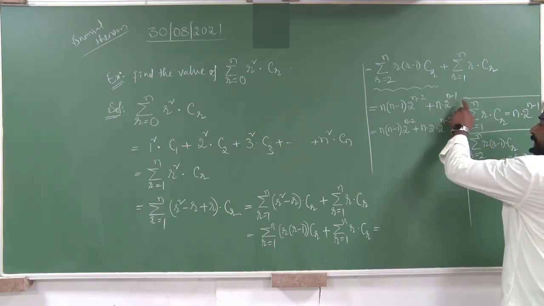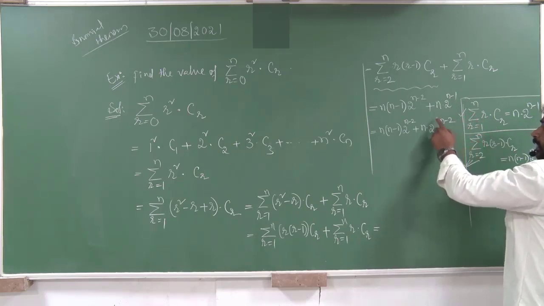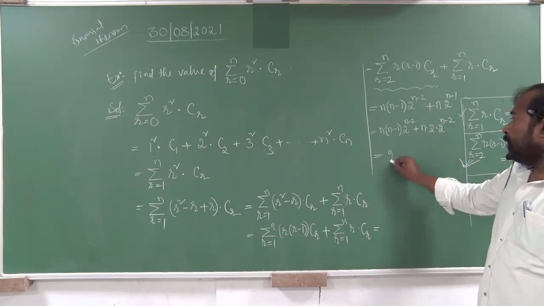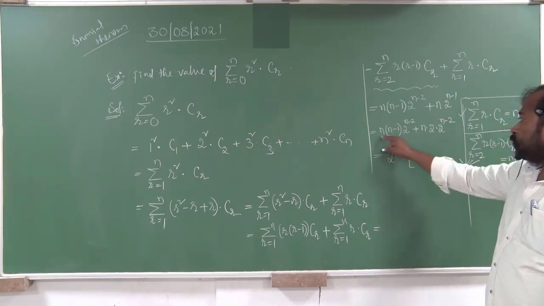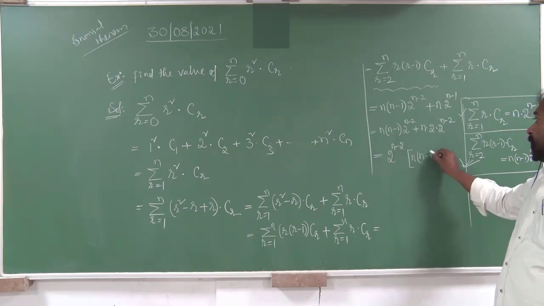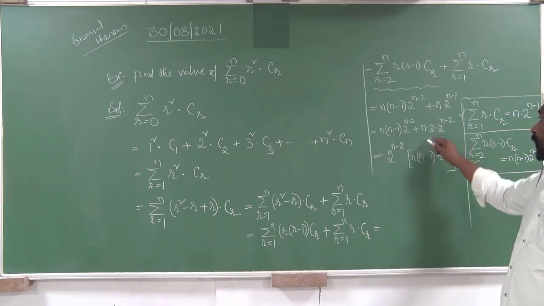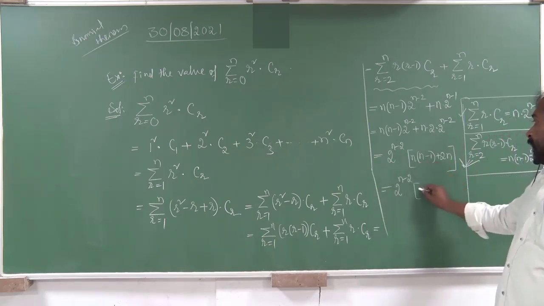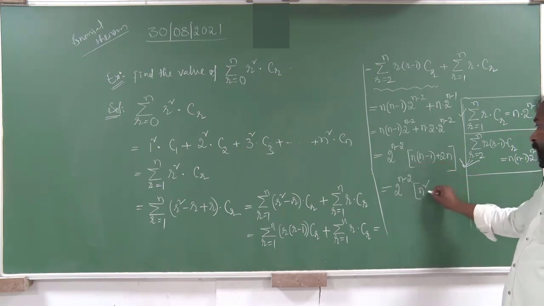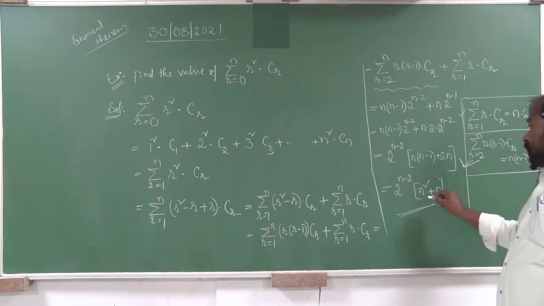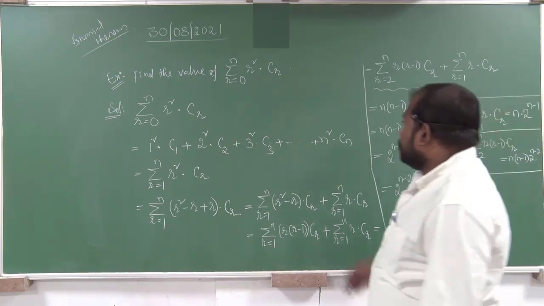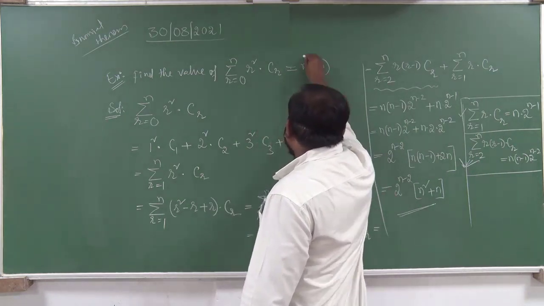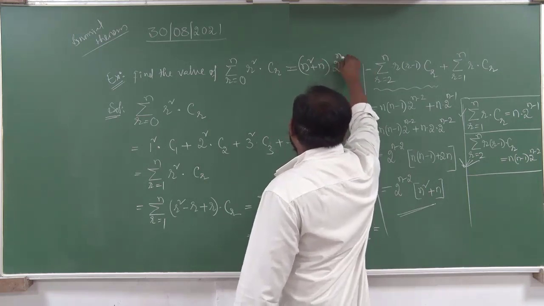The 2 power n minus 1 I can write as 2 power 1 into 2 power n minus 2. Not an issue. Between these two terms, I can take common 2 power n minus 2. If I take common 2 power n minus 2, what do I get more? n into n plus 2n is the value here. Then simplify: 2 power n minus 2 into n square minus n plus 2n, which means n square plus n. So the total value is given by n square plus n into 2 power n minus 2.